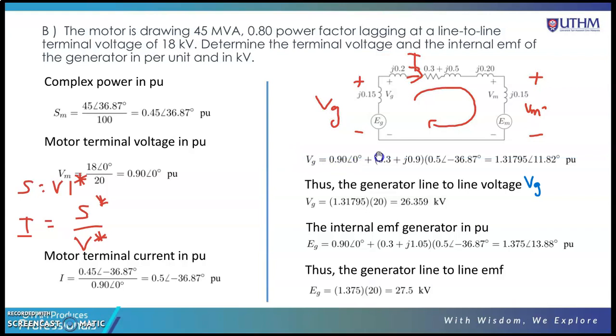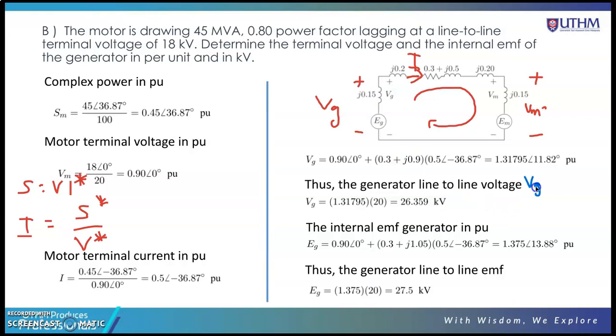Vg equal to Vm plus I times ZL plus ZT1 plus ZT2. By solving this KVL, you can determine Vg in per unit.